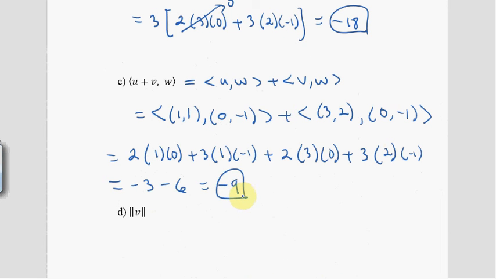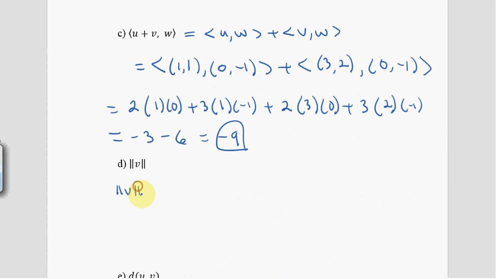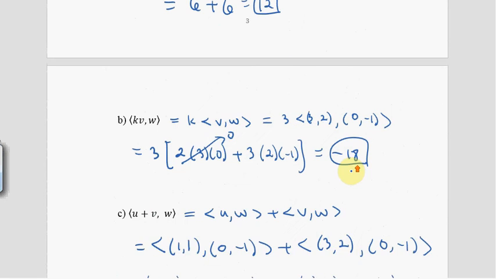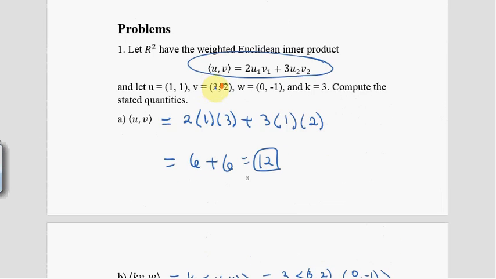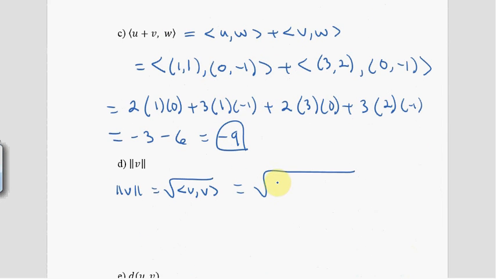Now what about the norm? The norm of V. So this is the square root of the inner product of V with itself. So here, this is the square root of, here the vector V is 3, 2 here, and this is 3 comma 2.